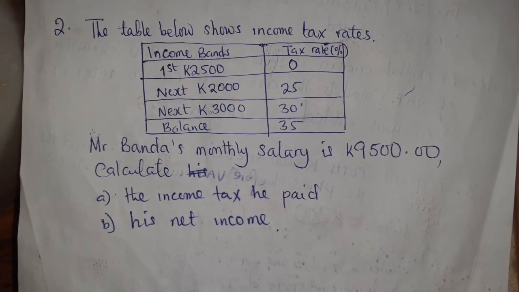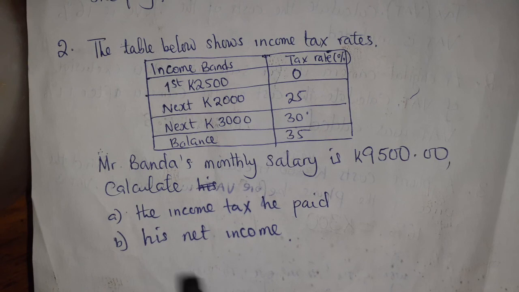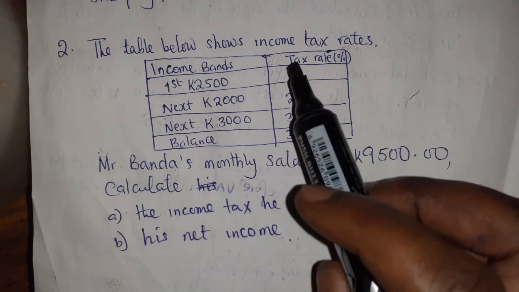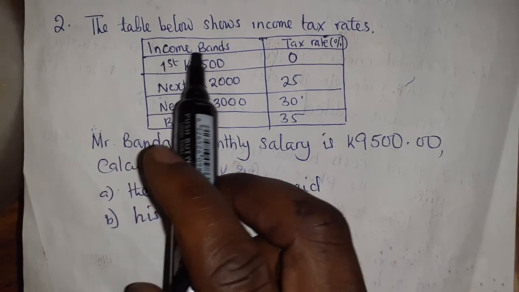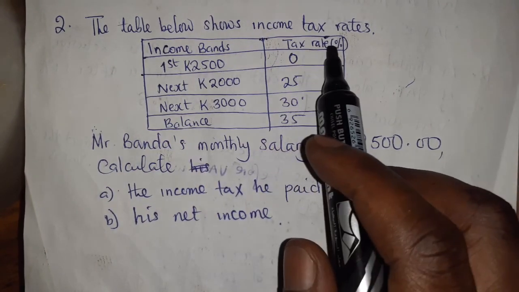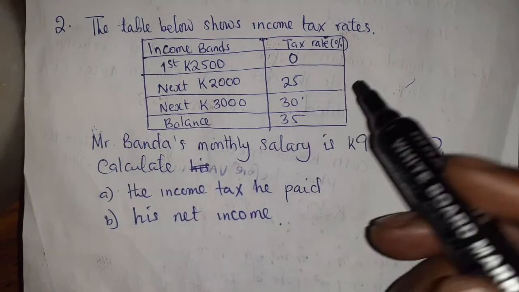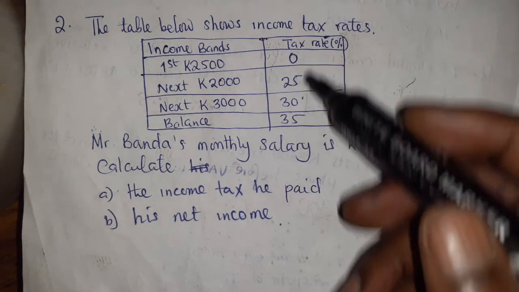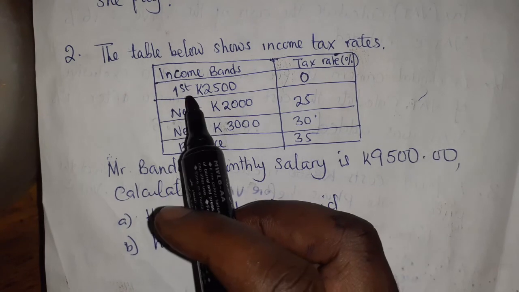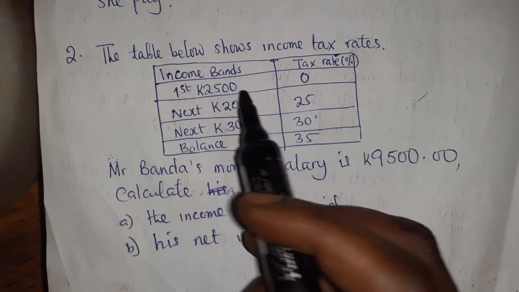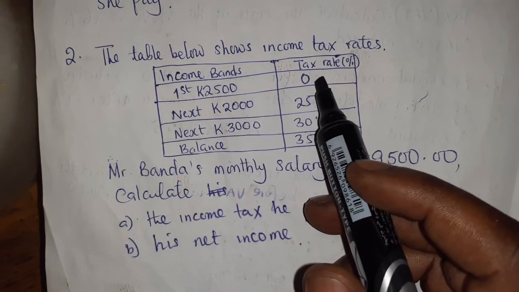And I want you to follow another one here. The table below shows tax rates. We have income bands and then the tax rate in percentage. So these are percentages here. So the first 2,500 has no tax.